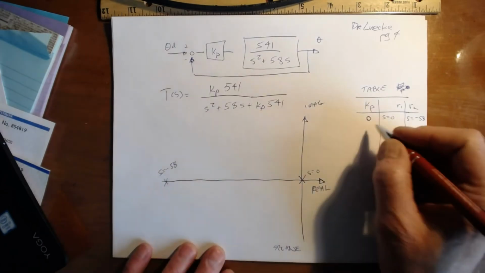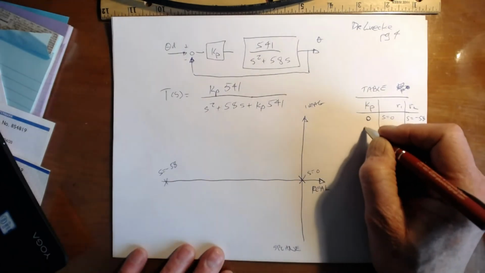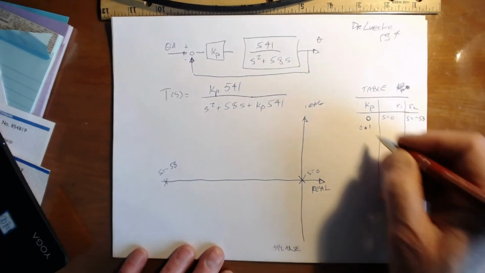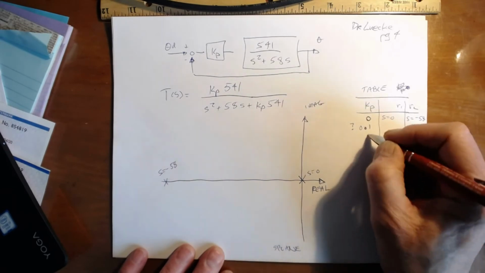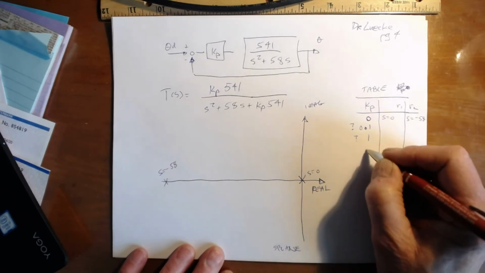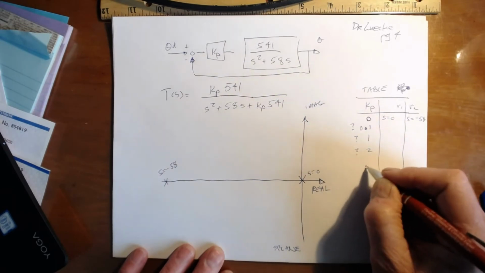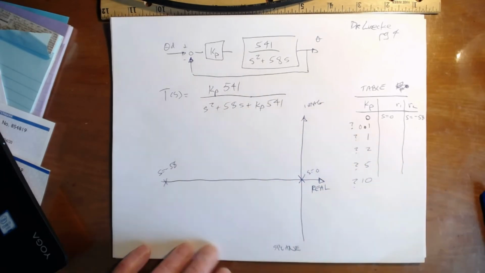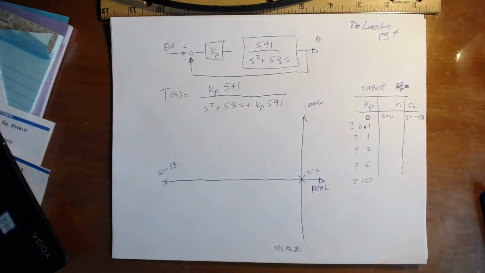And then we can choose some numbers here. So I don't know what number's 0.1. I'm going to put a little question mark. Should I put 1 there? Should I put 2? Put 5? Maybe I put 10. And then what I'm going to do is draw the roots of the characteristic equation in the S-plane, and I'm going to see what the response looks like, right?